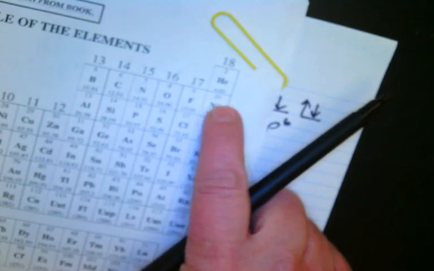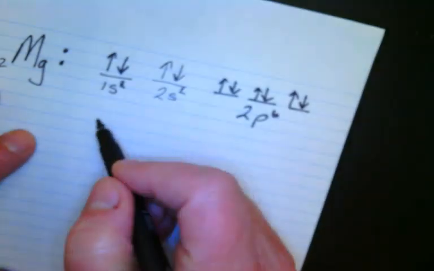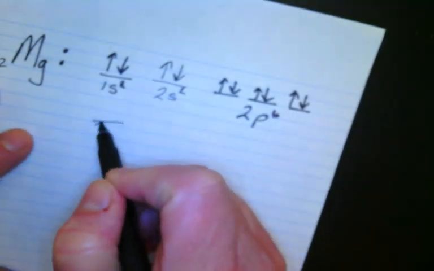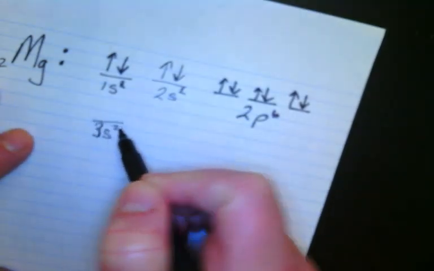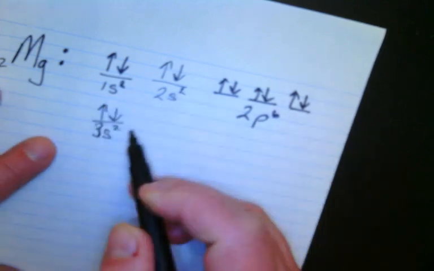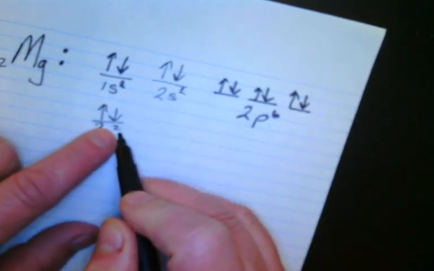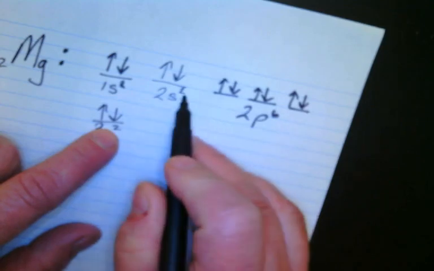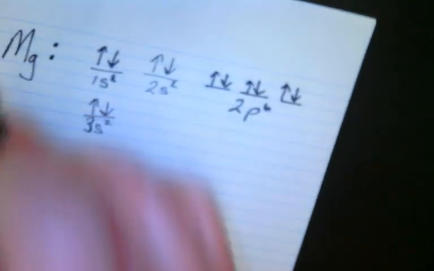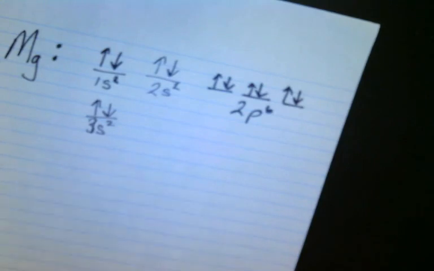And I need to get to magnesium. So I have 2 more electrons to place. So what's next after 2p? 3s. And that has 2 electrons. To check, I'm going to say 2 plus 6 plus 2 plus 2. That should equal 12. And this is the answer that you should have on your sheet.